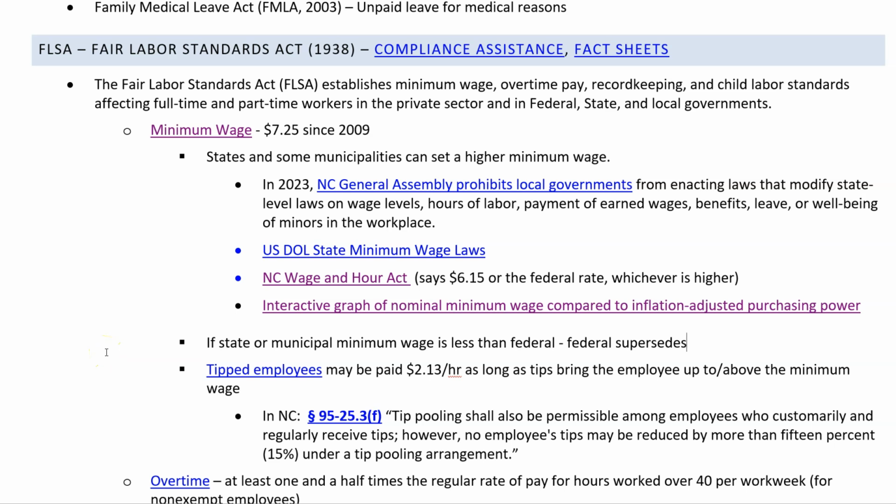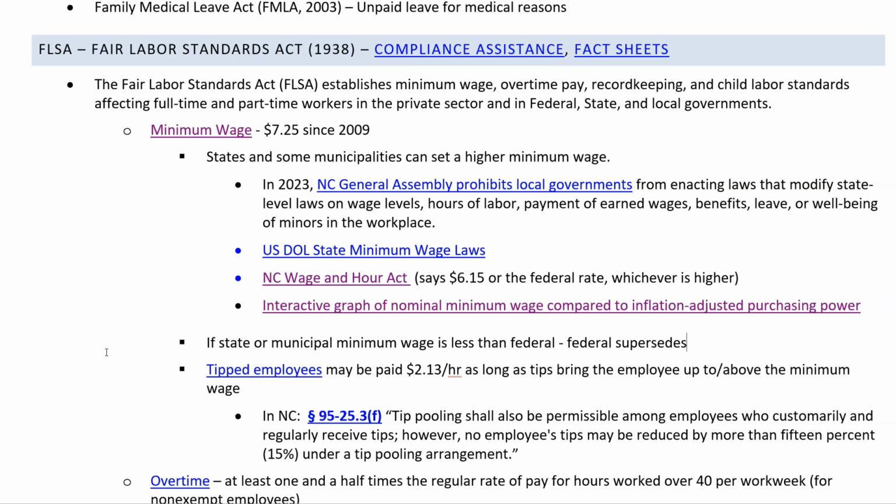There is a large carve out for tipped employees. If you've ever been a waiter, waitress, or worked in any other tipped position, you're probably aware that your employer can pay you a much lower minimum, set right now at $2.13 an hour, as long as the understanding is that your tips are going to make up the difference and bring you at least to or above what the federal minimum wage would be.